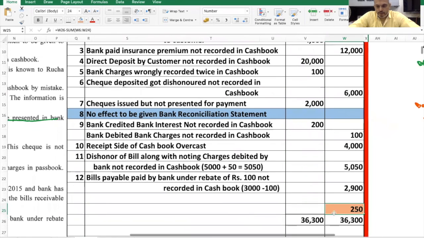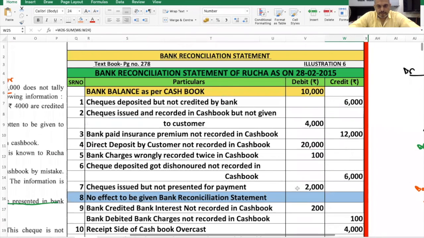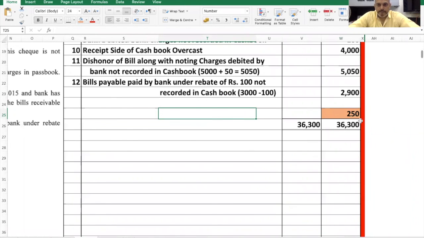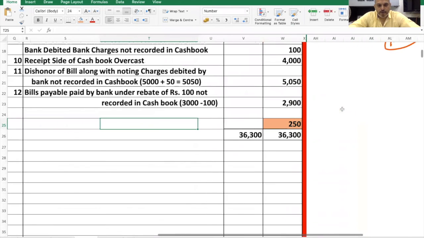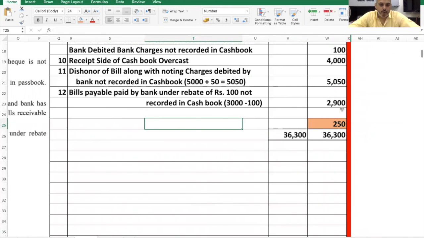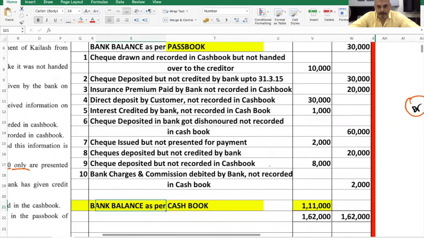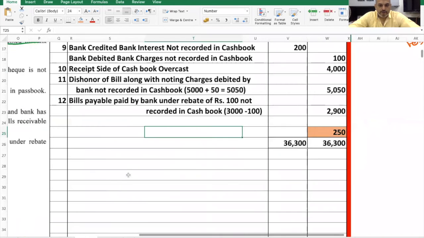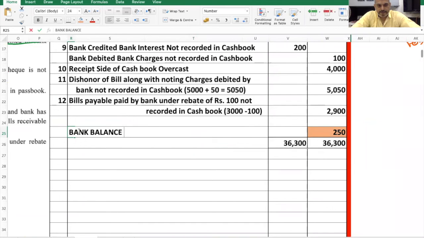So now 250 is the balance. You started as per cash book, so this will be as per passbook. But 250 as per passbook on the credit side means ये कौन सा हमारा balance है, या bank overdraft है? Passbook credit side means it is bank balance. Very good. So we write over your bank balance as per passbook 250.